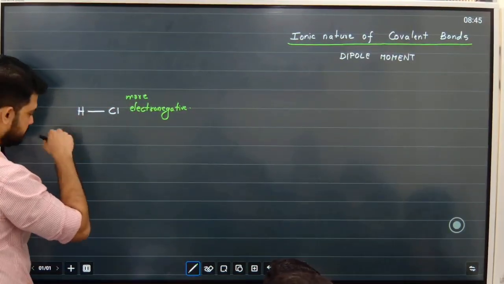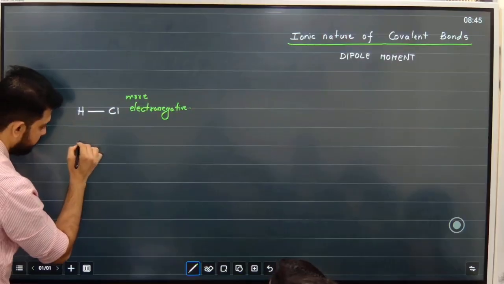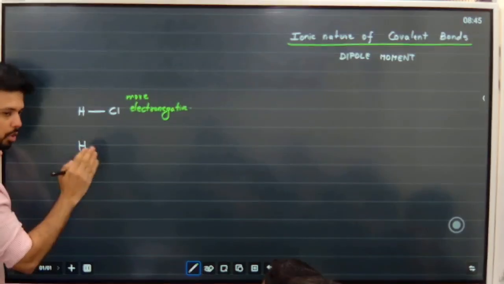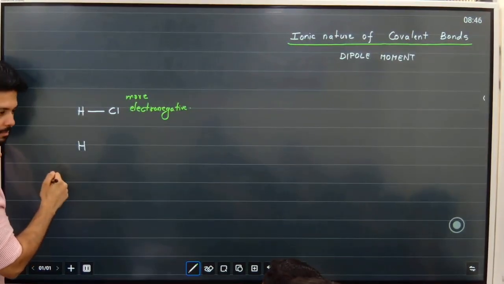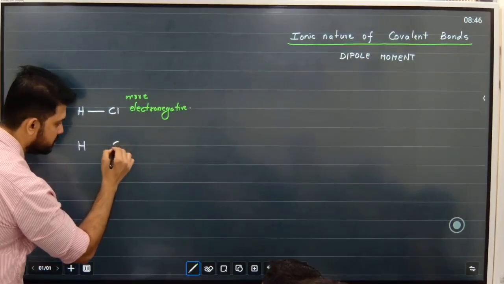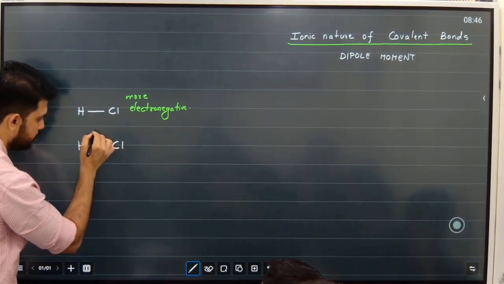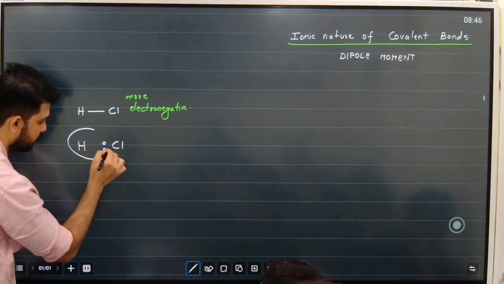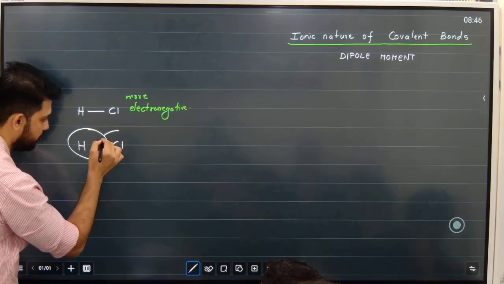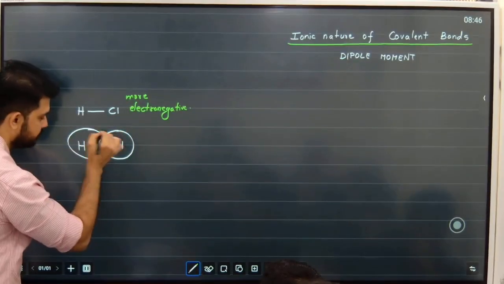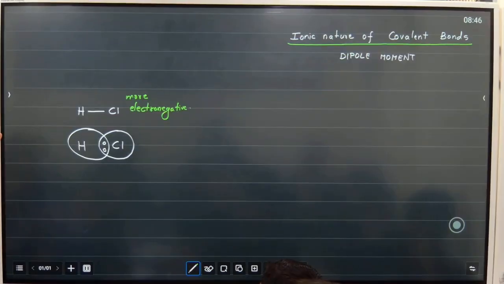Now what happens here is, this sharing of electrons is not equal, that sharing is unequal. The shared electron cloud is closer to chlorine as compared to hydrogen.